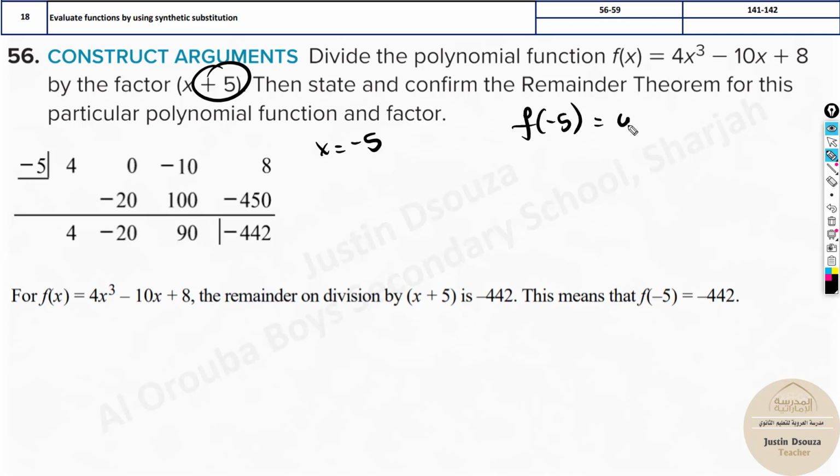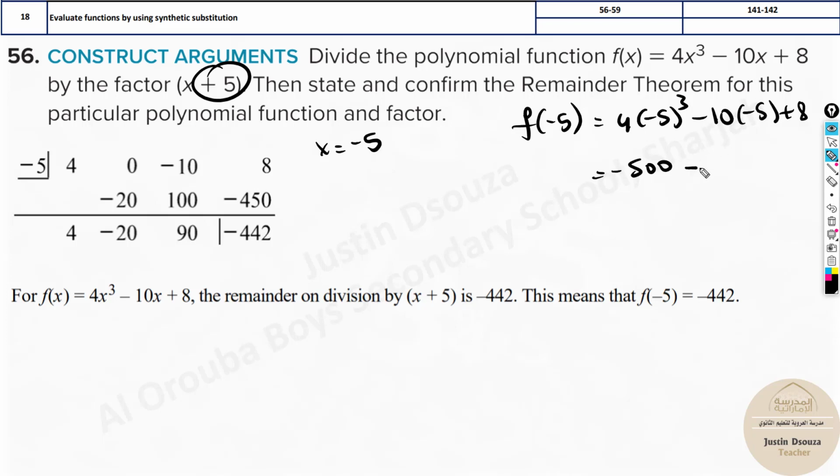Instead of x everywhere, it will be 4 times minus 5 the whole cube minus 10 into minus 5 plus 8. You can use the calculator and substitute directly, or you know 5 cubed is 125, and 125 into 4 is 500, so minus 500. Now, whenever it's an even power it becomes positive, but if it's an odd power, the negative remains.